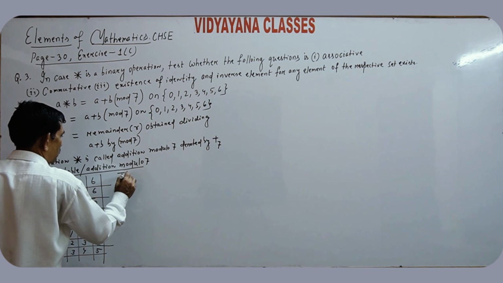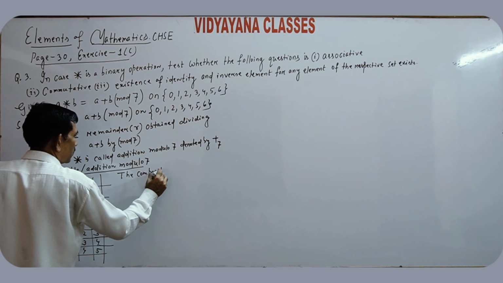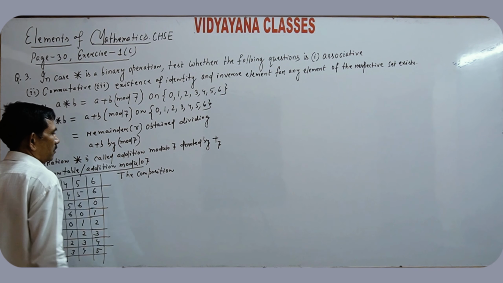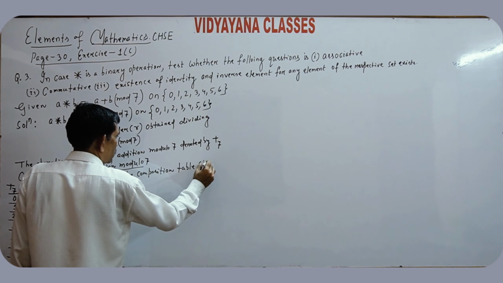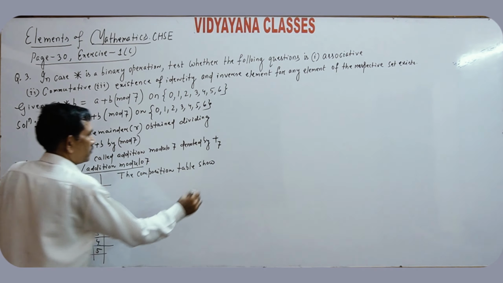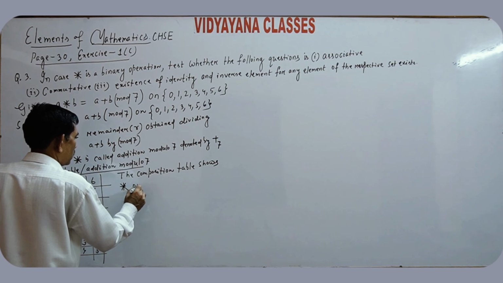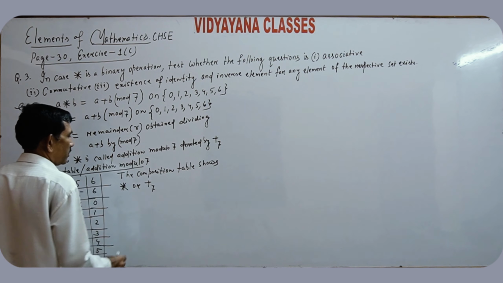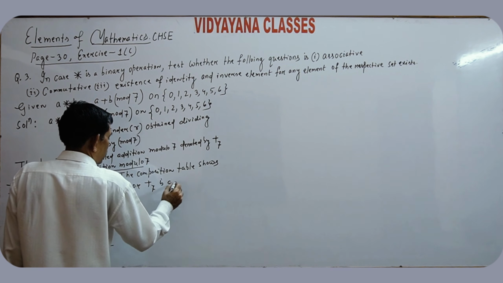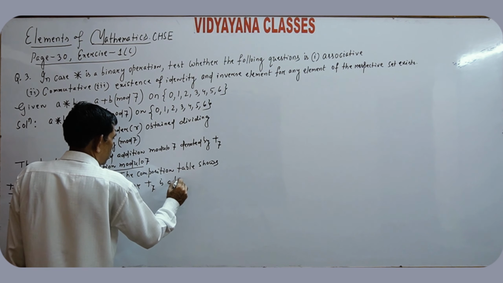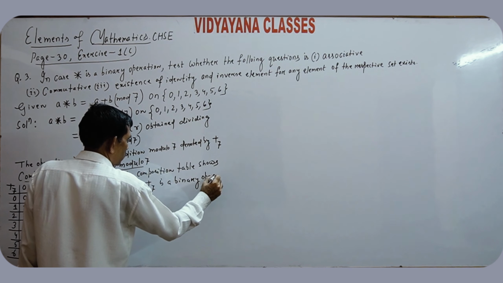The composition table shows star or addition modulo 7 is a binary operation.